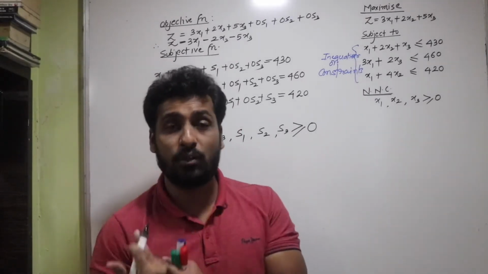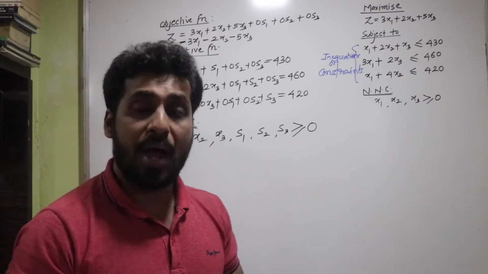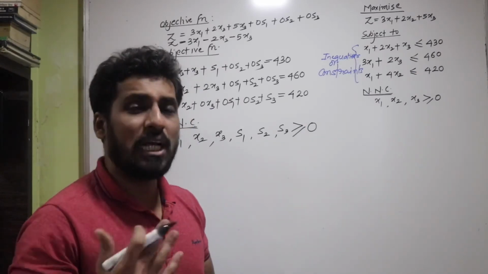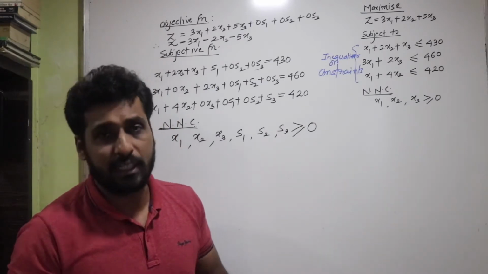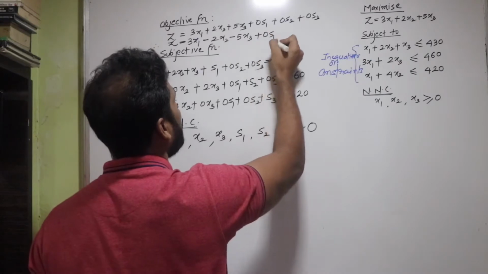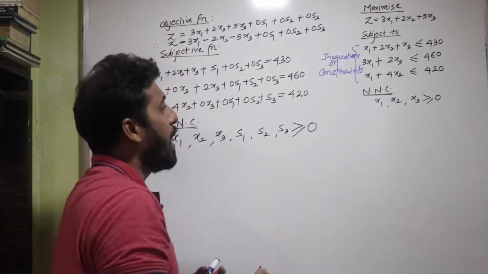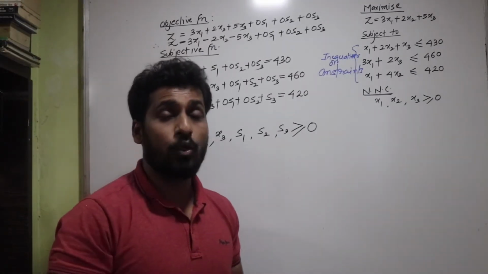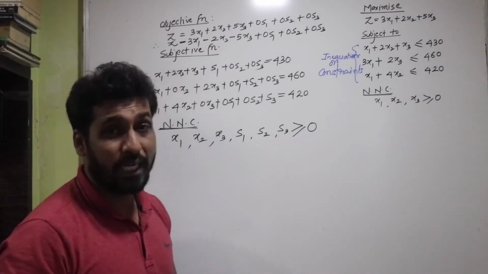When they transfer to the left hand side, they will also become minus 0s1, minus 0s2 and minus 0s3. But as you all know, 0 multiplied by the negative sign is irrelevant, so the sign becomes irrelevant. So I'm going to keep it plus 0s1 plus 0s2 and plus 0s3. It's not going to matter much, writing plus 0s1 or minus 0s1. So that is what you have done with the objective function.